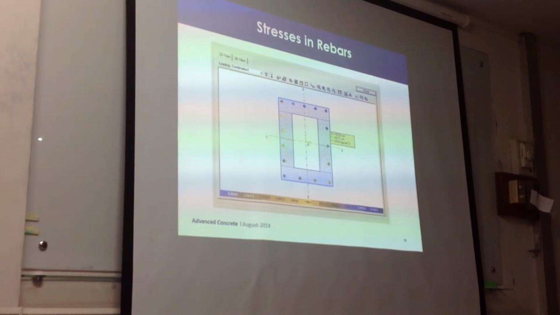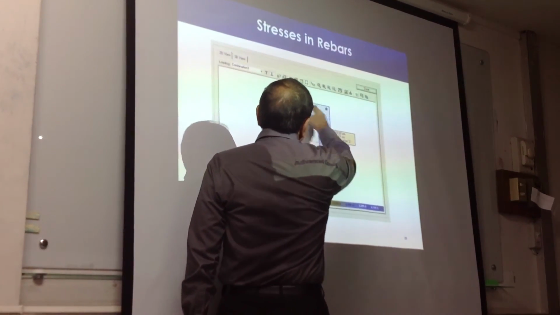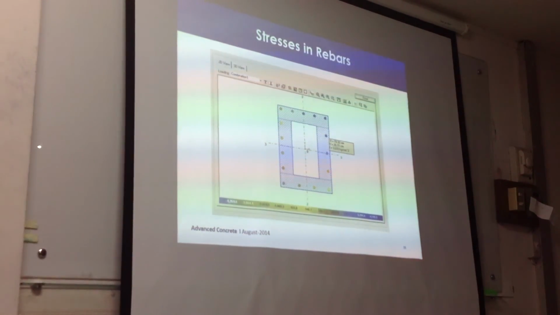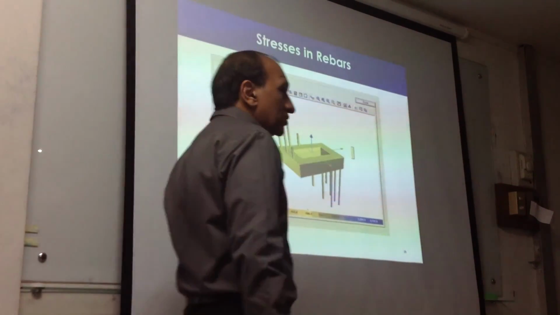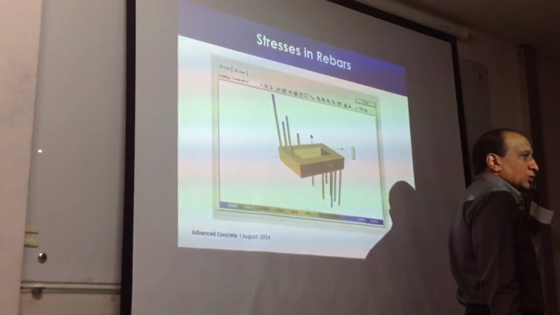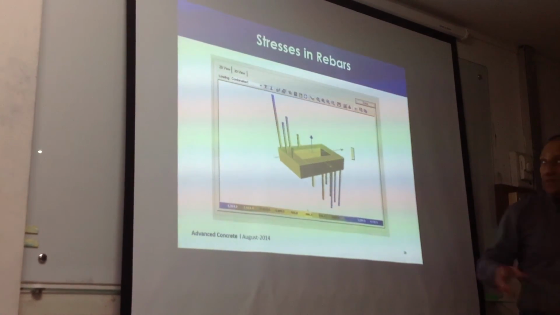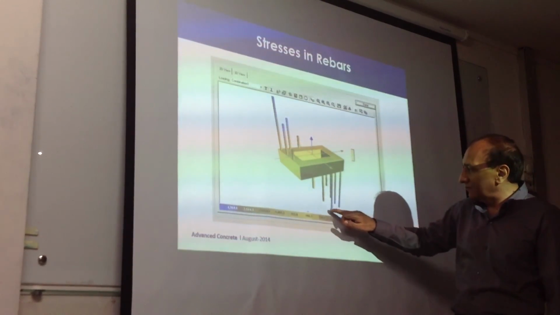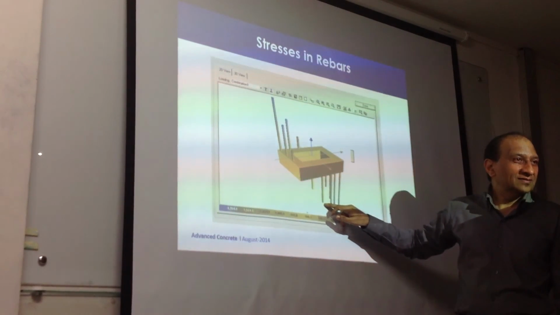Rebar stresses. Stresses in rebar vary by the distance from the neutral axis, as you can imagine, right? So different rebar will have different stress, and they may look like that. Some in tension, some in compression. So we have to visualize what is happening to the cross section. Some bars have high stress in compression, some bars have low stress, and then after some time they will become equal. That is yielding.